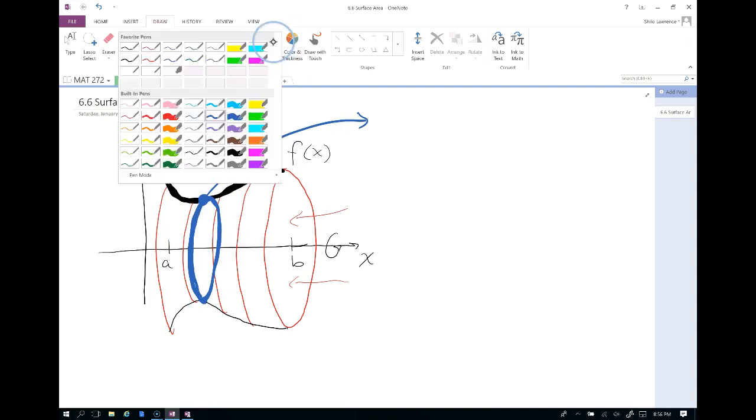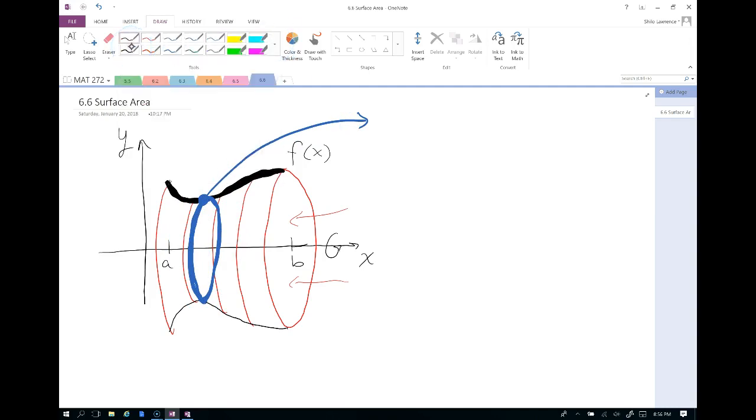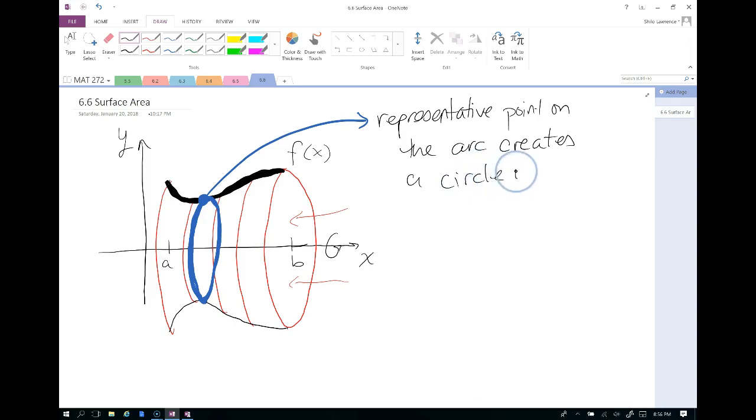So our representative point on our arc creates a circle when it gets revolved.